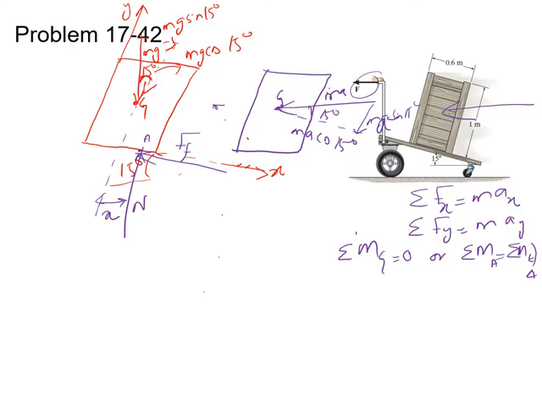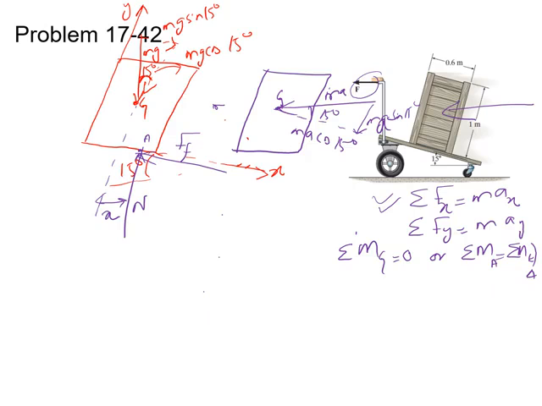By using the first equation, sum of the forces in the x direction is equal to m a_x. In the x direction on the free body diagram of this rigid body, one force is mg sin 15 degrees, and the second force is the friction force, which also acts in the x direction.